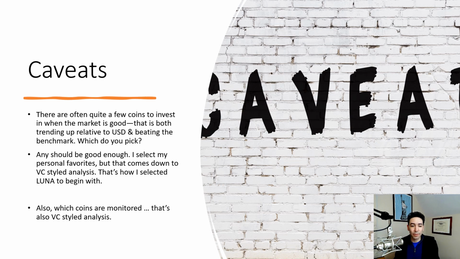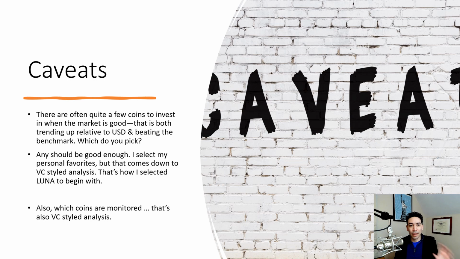I select my own personal favorites. That kind of comes down to a VC-styled analysis, which is the crypto world's version of value investing. And I have another lesson on that, on the Art of the Bubble, on how to structure a moonshot portfolio. In that lesson, I also explained the VC checklist, kind of like what you're looking for with those projects, right?